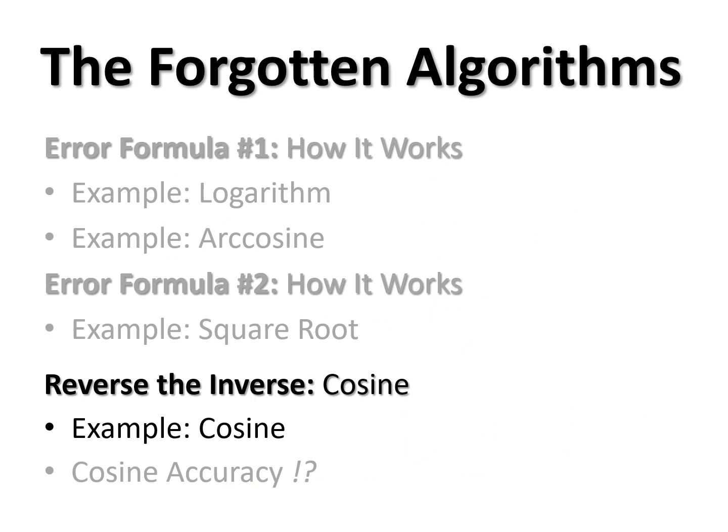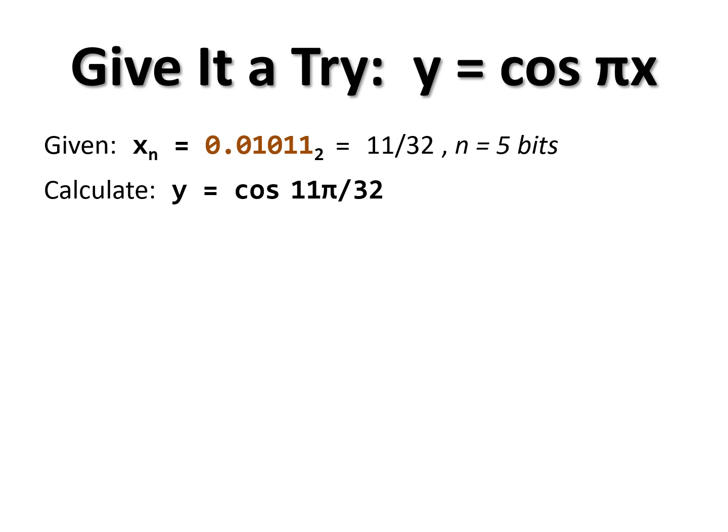So let's do an example of calculating the cosine using our new algorithm. Here we'll see that given an angle as a fractional power of 2 in binary, we can derive the exact algebraic representation of its cosine, almost by inspection. Here our input will be 11/32, which in binary is 0.01011. We're going to recode that input.